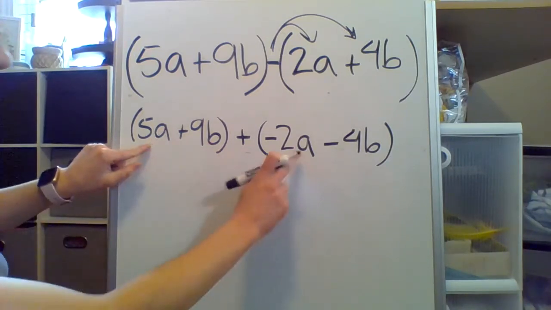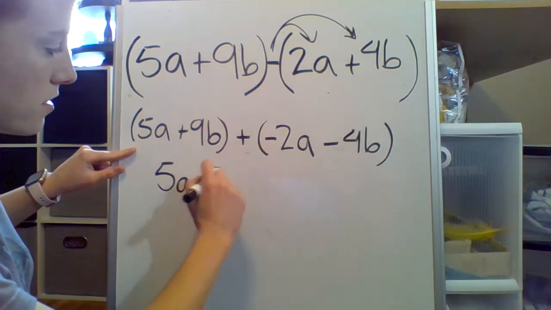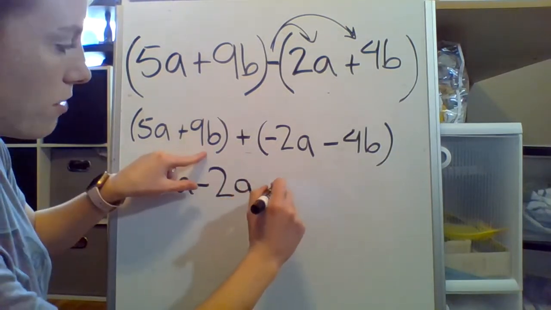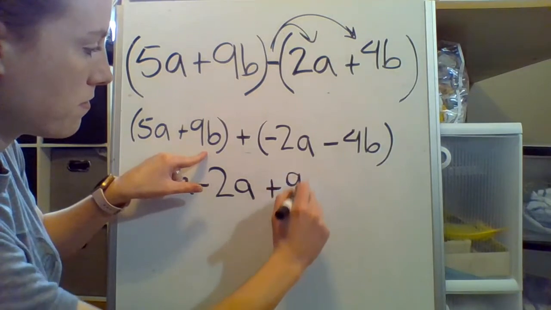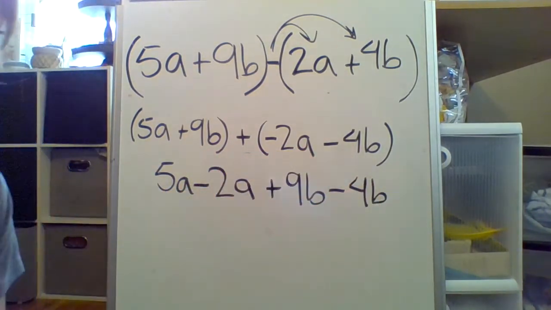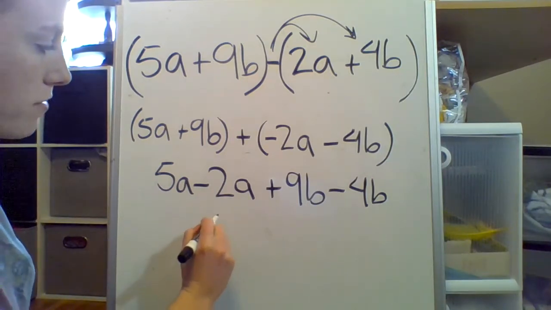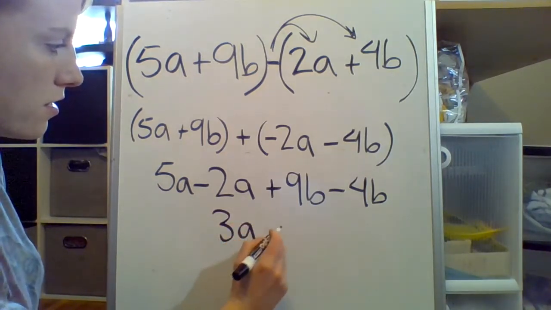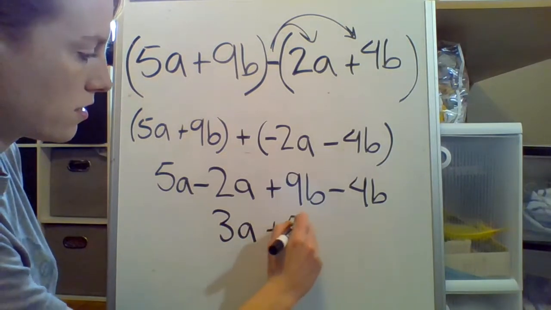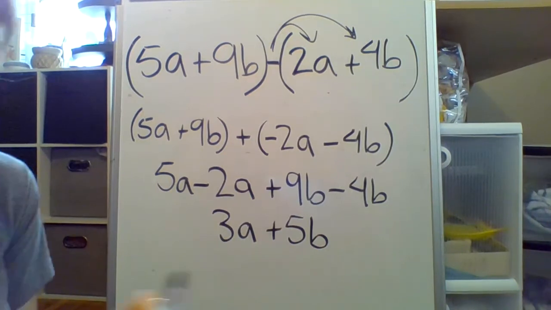So we have our a's minus, and our b's minus. Once we have our like terms together, we can add or subtract them. And that's all you can do there.